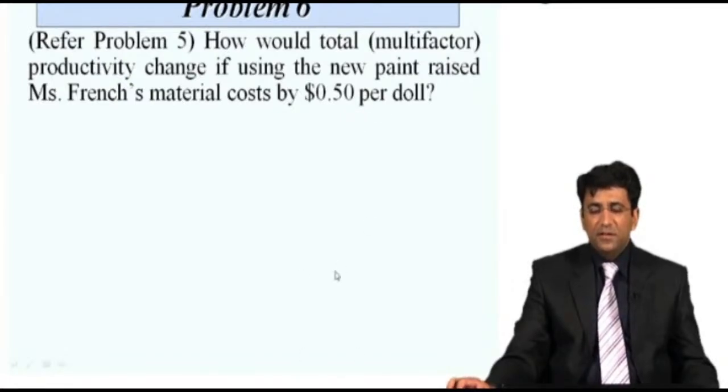So what happens if the material cost is increased by $0.5? Its material cost per unit will become $4, because initially it was $3.5, but now it will become $4. That is 3.5 plus 0.5.